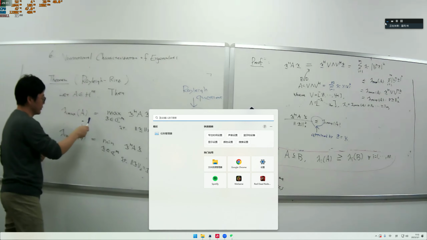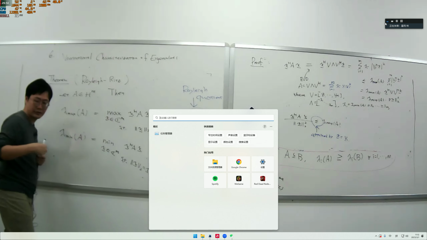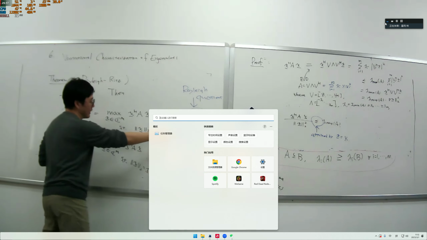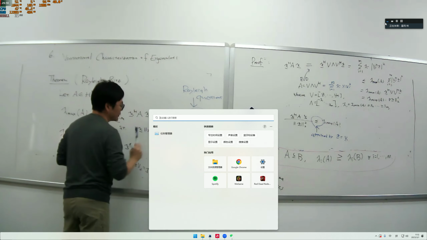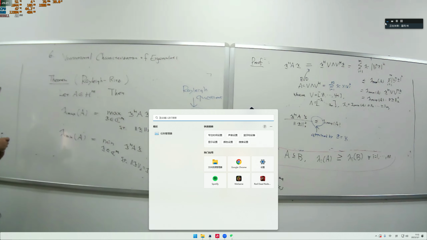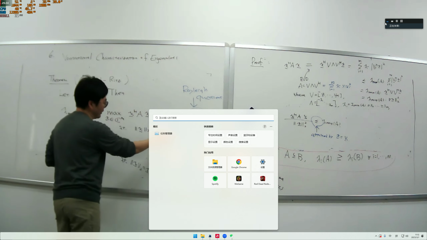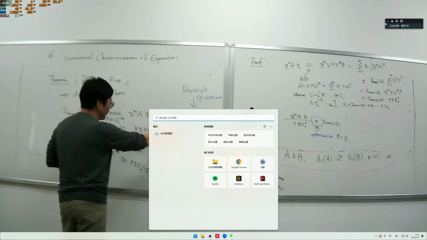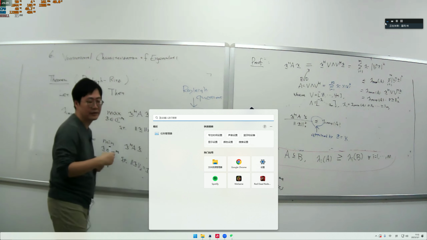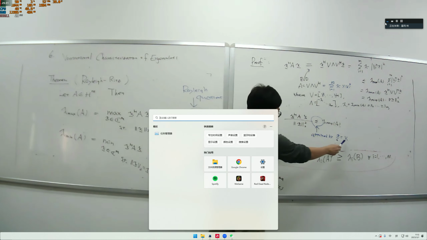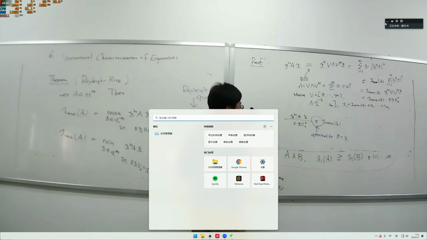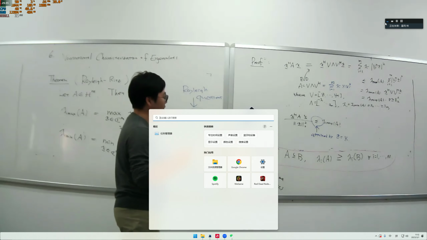So let's prove this. We first show the largest value of this Rayleigh quotient is lambda max. Then it can be attained. This upper bound can be attained when x equals V1, the eigenvector associated with lambda max, or lambda 1.